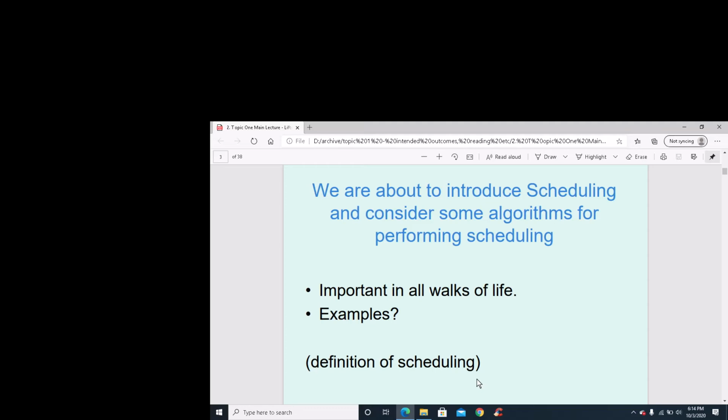So please think about different examples of schedules, and as I said, a quick working definition is a particular objective with a sequence of actions or operations that will enable you to realize that particular objective.